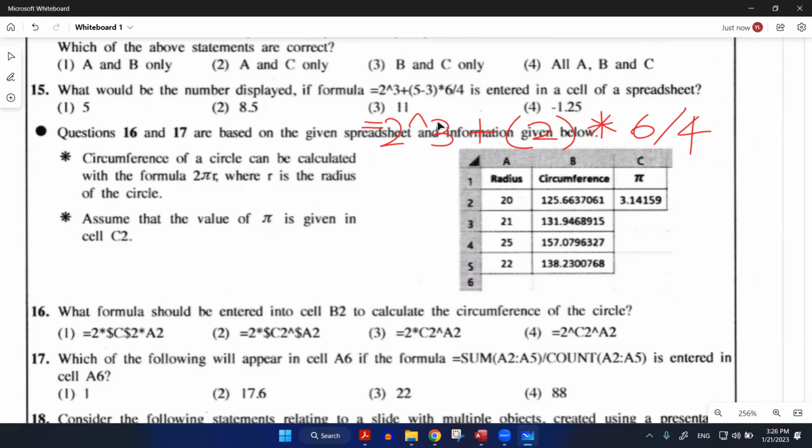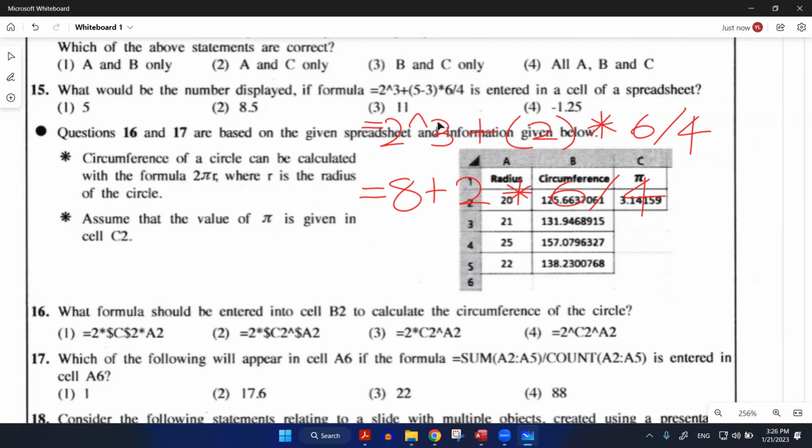Now it's a normal one, no brackets, because the bracket has been solved. Now the highest priority goes to the power. So 2 to the power 3 is 8 plus 2 into 6 divided by 4.